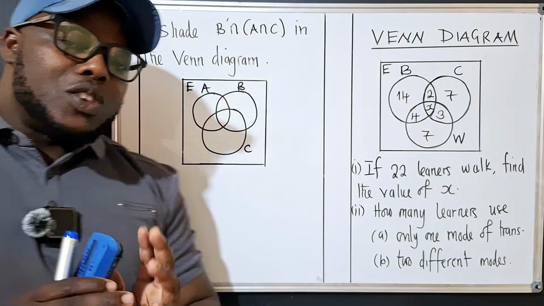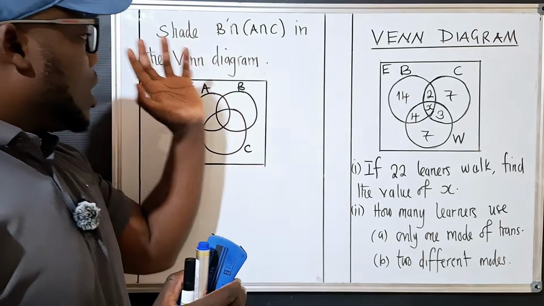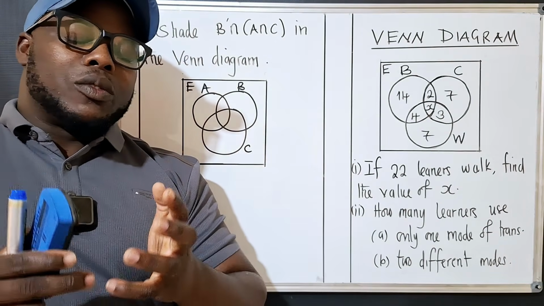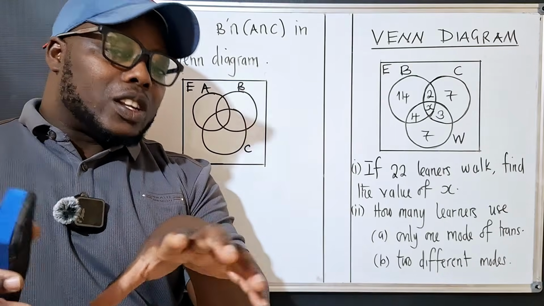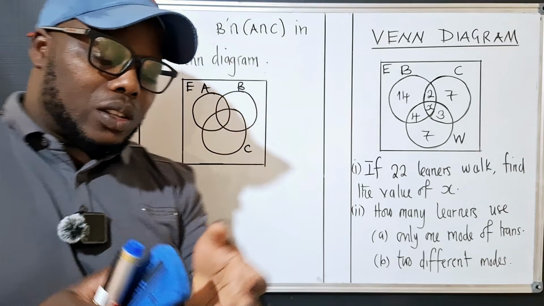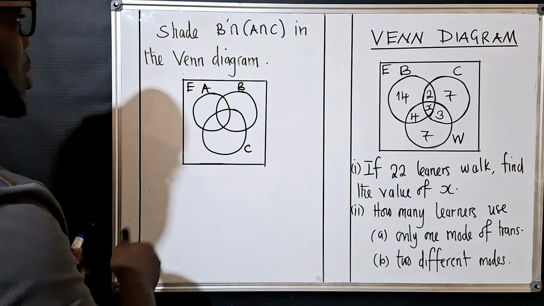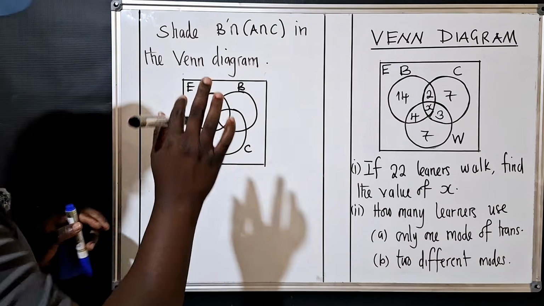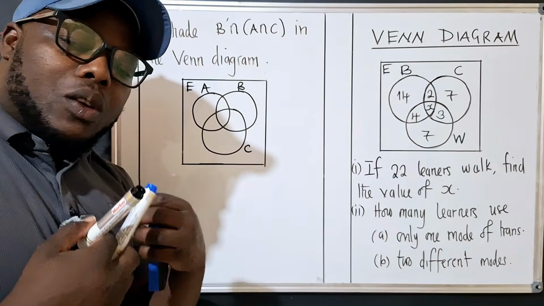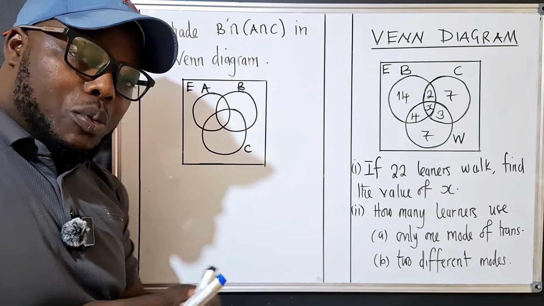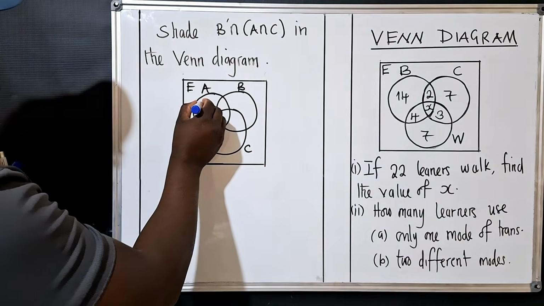So in our video, we'll start with this one, where they've given us the set notation, and they want us to shade. When it comes to shading, it's very important, and this is what I always advise people, that you label.